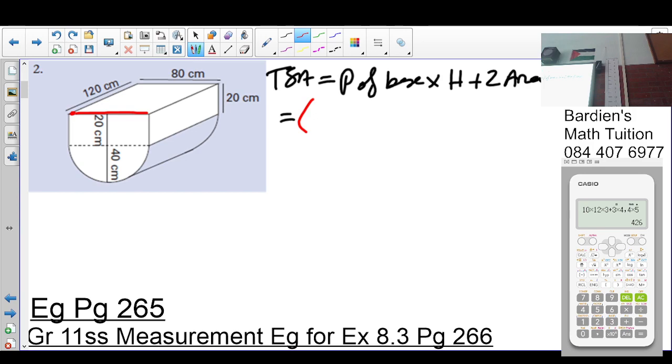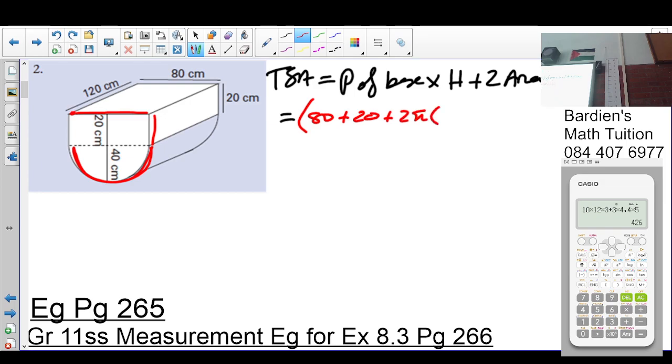So what is this length here? 80, plus this length 20, plus. Now you see this is a semicircle here. How do you calculate the perimeter of a circle? 2 pi r.